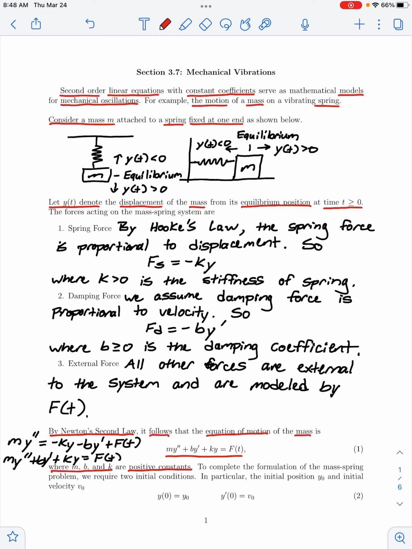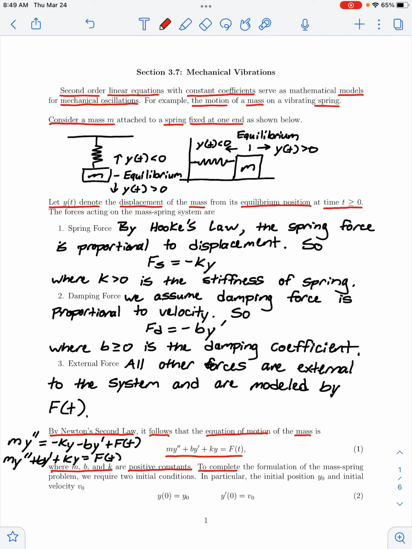So we see here that we have a second-order linear differential equation with constant coefficients m, b, and k. And depending whether or not we have an external force acting on our system, whether F of t is 0 or non-zero, we have a homogeneous or non-homogeneous equation. And we know how to solve these types of equations. This is what we've been considering throughout Chapter 3.